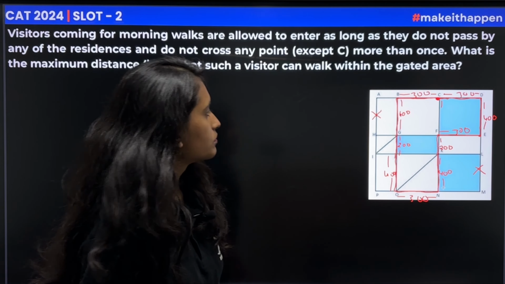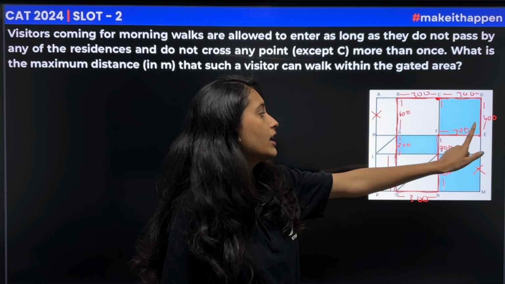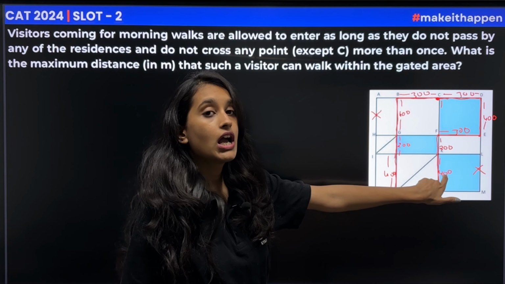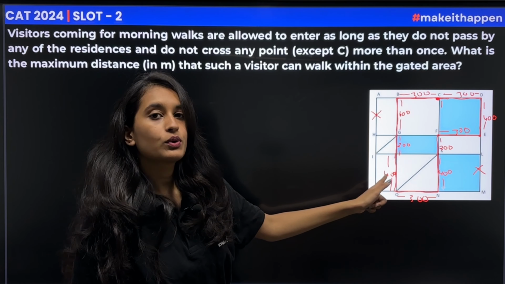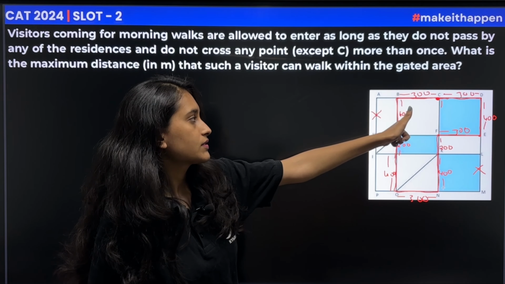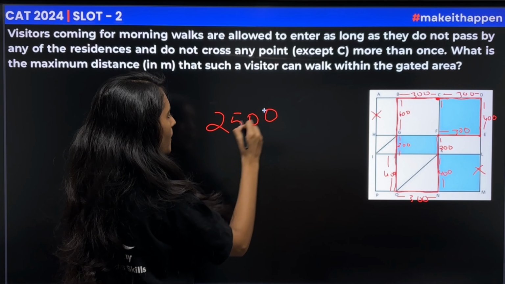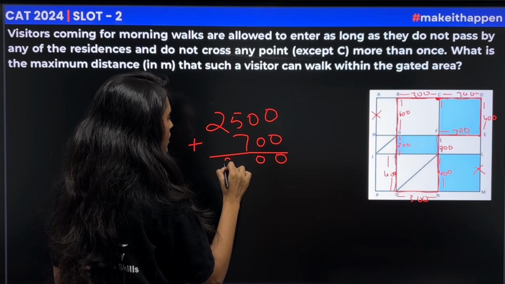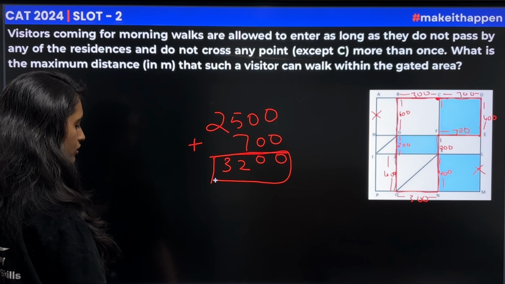So now let's calculate. 300 plus 400, 700 plus 300, 1000 plus 200, 1200 plus 400, 1600 plus 300, 1900 plus 400, 2300 plus 200, 2500 plus 700, that will give me 3200. So the answer is 3200.